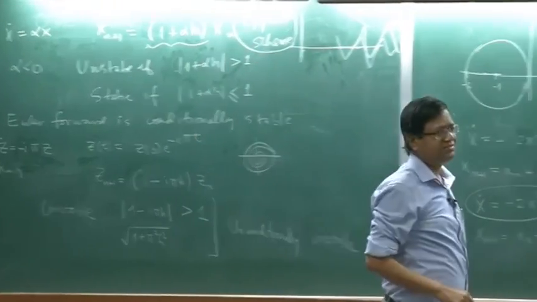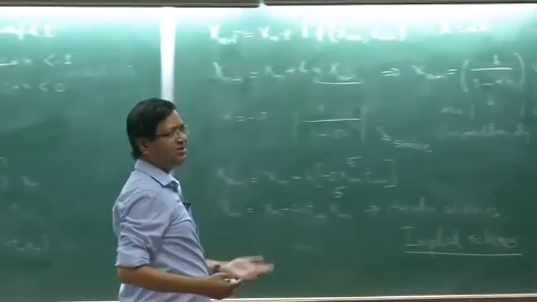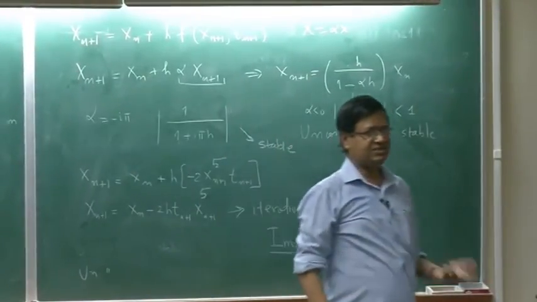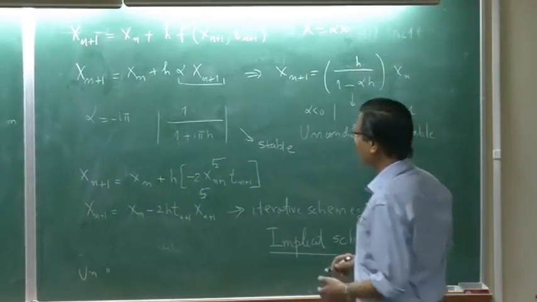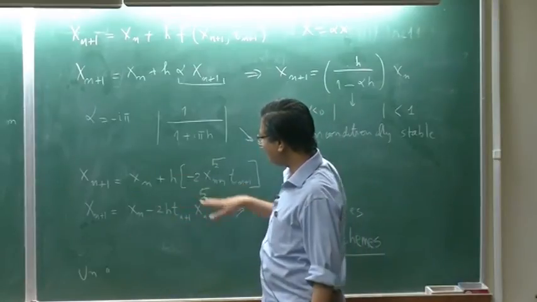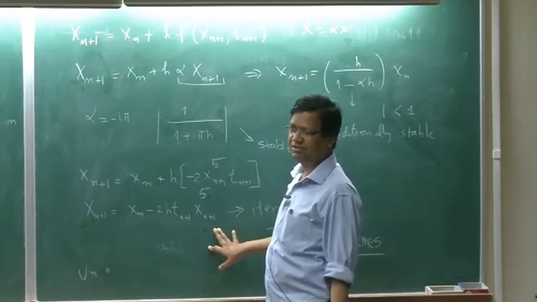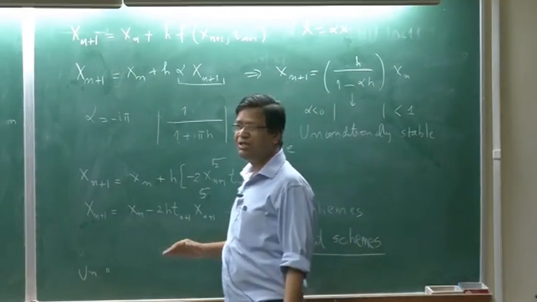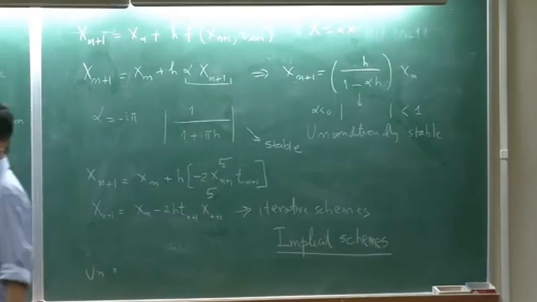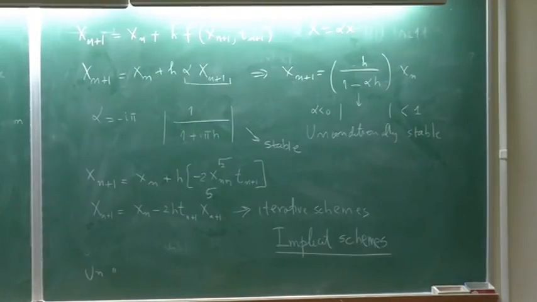My x_{n+1} in terms of x_n is explicit, but my x_{n+1} here is a function of x_{n+1} itself, so it's called an implicit scheme. Implicit schemes are typically more stable, and when you do PDEs, I'll tell you that you need to use an implicit scheme for stability.